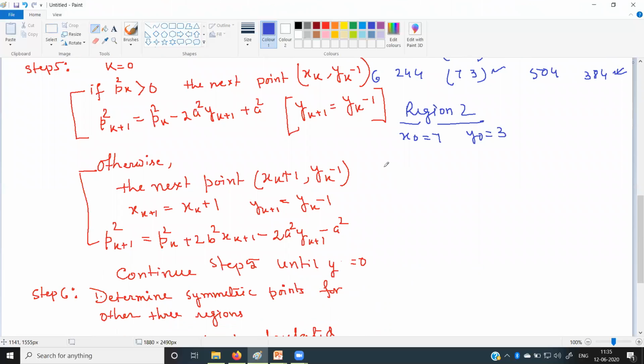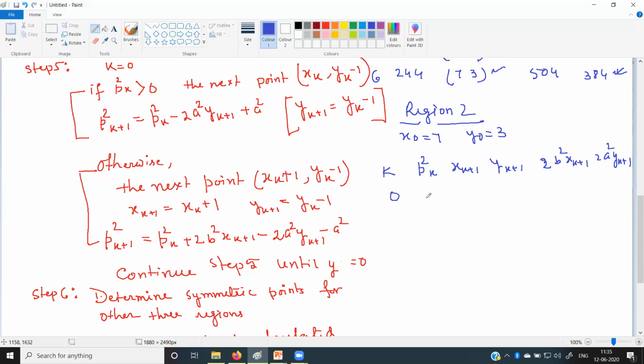We will write down k, we will write down pk for the second iteration, we will write down xk plus 1, and the y value for the k plus 1th iteration. Then we will compute 2b square x of k plus 1 and 2a square y of k plus 1.